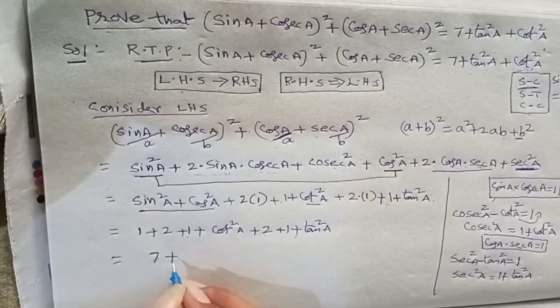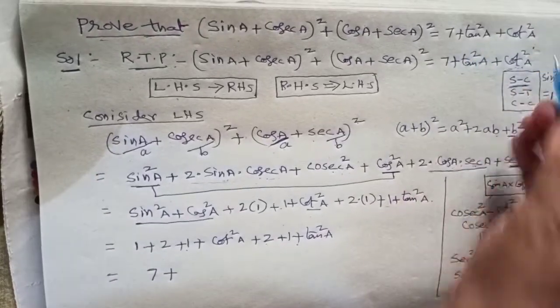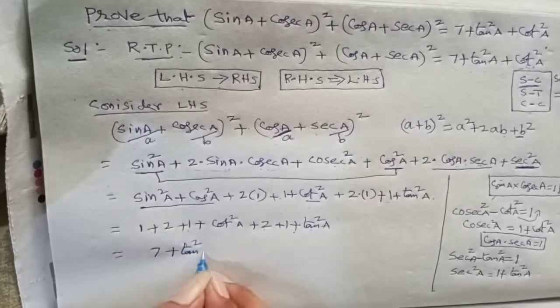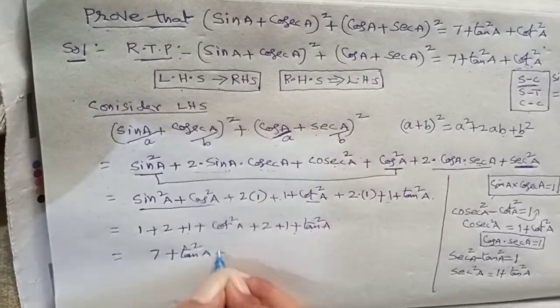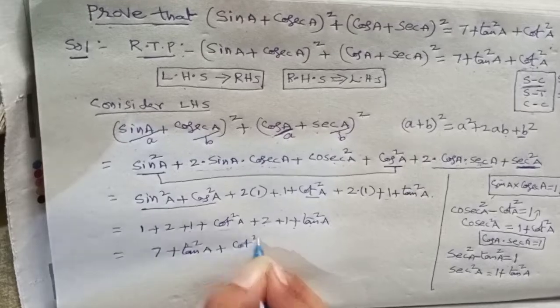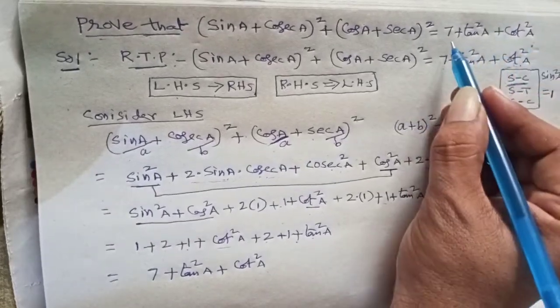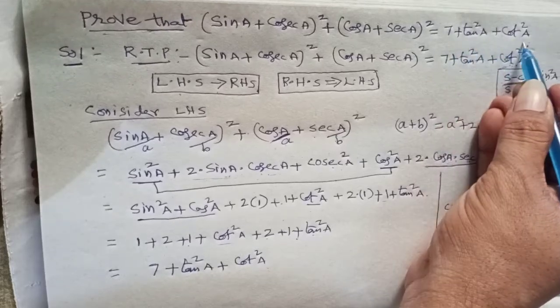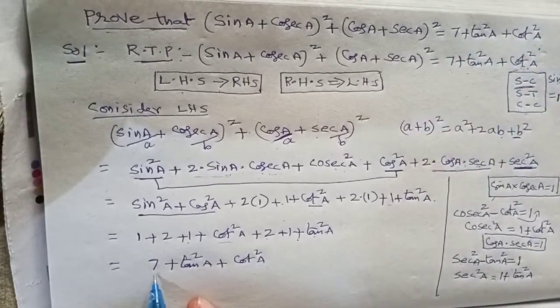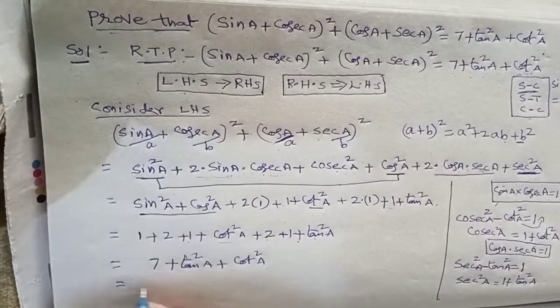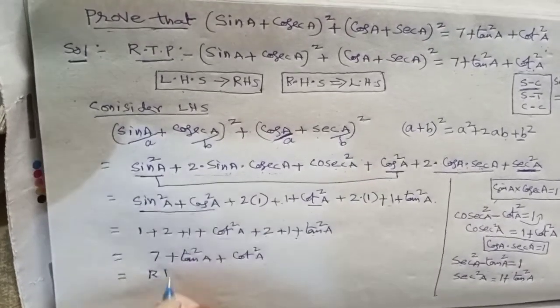Then write down the ratios in order according to our RHS. You write tan square first, then cot square A. You see, is it our RHS or not? The RHS is 7 plus tan square plus cot square. Here also you have 7 plus tan square plus cot square. Therefore, it is nothing but the RHS.